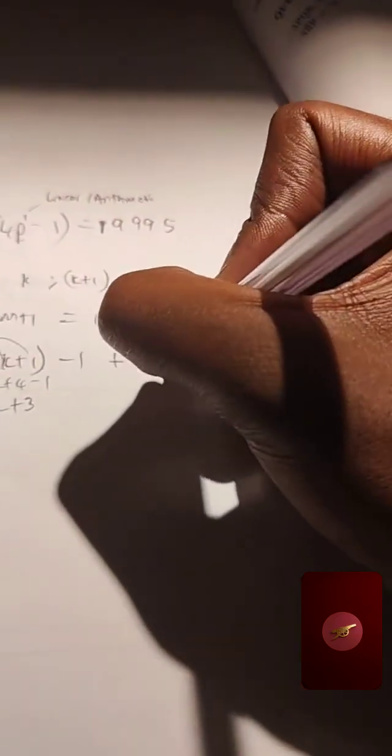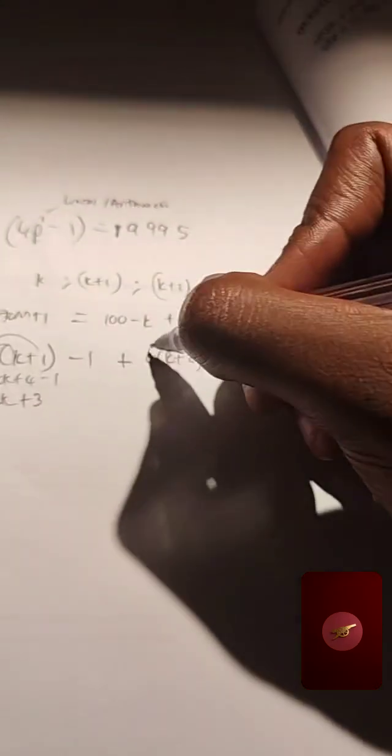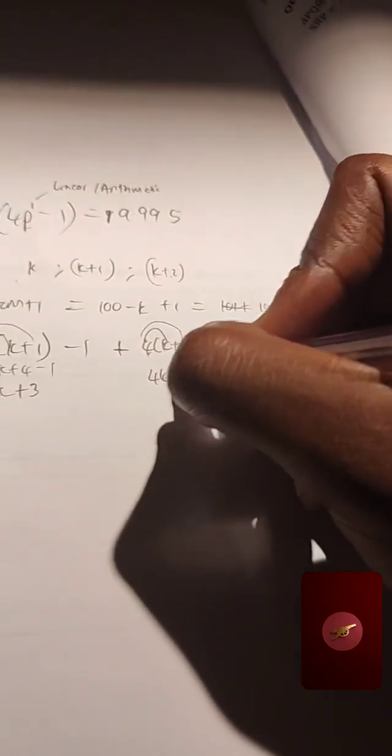So you say 4 into k plus 2, minus 1. You distribute, because BODMAS means you multiply first, and do addition and subtraction later. 4k plus 8 minus 1 is equal to 4k plus 7. Exactly. So these are your first 3 terms, my guy.